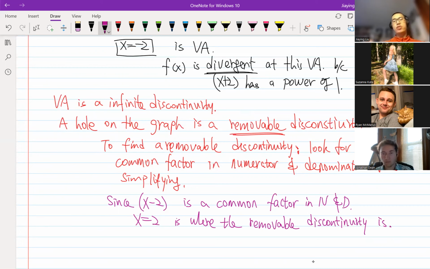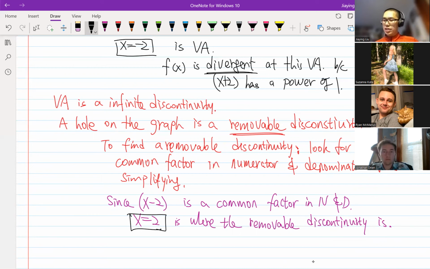So that's why we have to pay attention to what we cancel from the numerator and denominator, because that's actually part of the graph. If we cancel it, ignore it, then we kind of change the graph a little bit. All right, so using this example, we found the vertical asymptote, horizontal asymptote, and then we found the removable discontinuity or the hole in the graph.